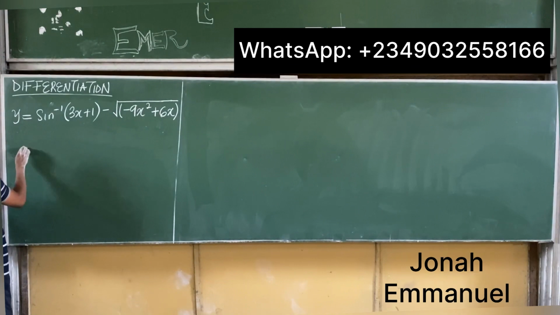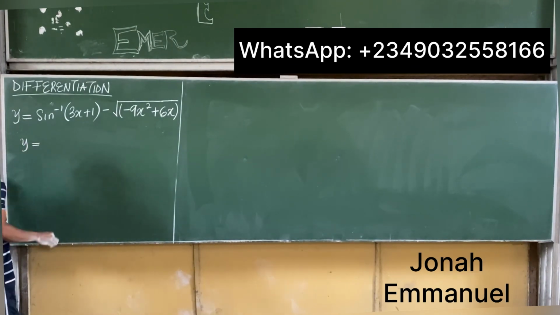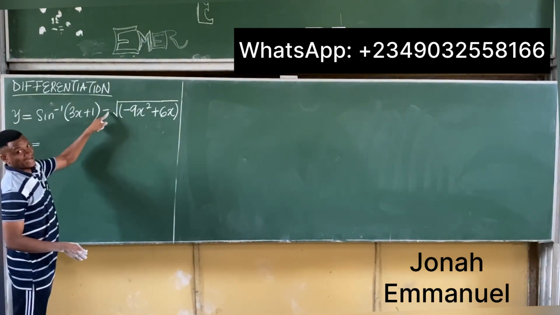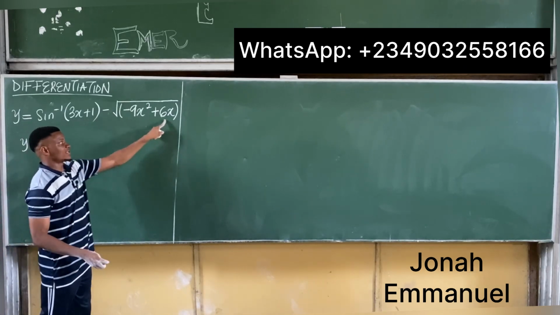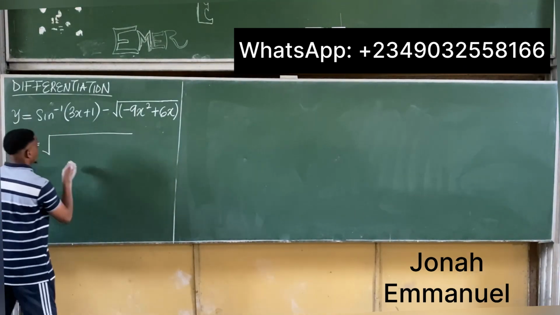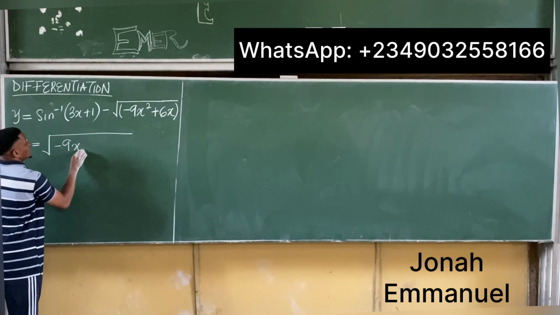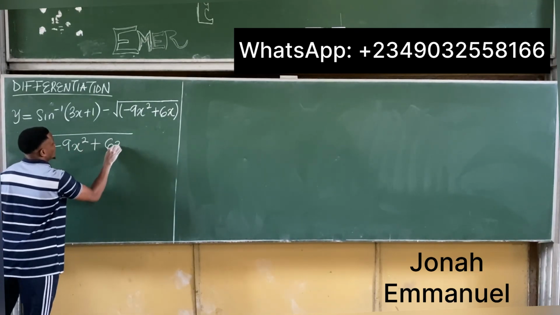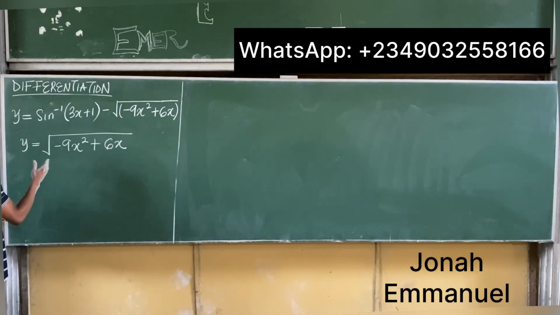So for this, I'll have y equal to, I can choose to ignore the minus for now and just work on this. So y is equal to the square root of minus 9x squared plus 6x. Obviously for this, I'll have to use chain rule.